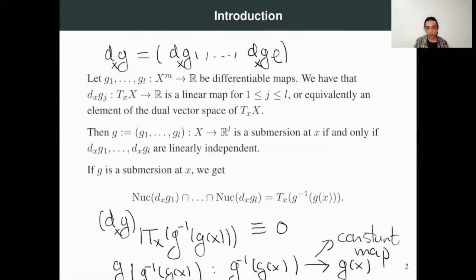And so what we actually proved is that the space to the right is contained in the space to the left. But since both of them have the same dimension, they are the same. So the tangent space at the point X to G minus 1 of G of X is the intersection of the kernels of the differentials of the Gj maps at the point X. We are going to use this result later on.